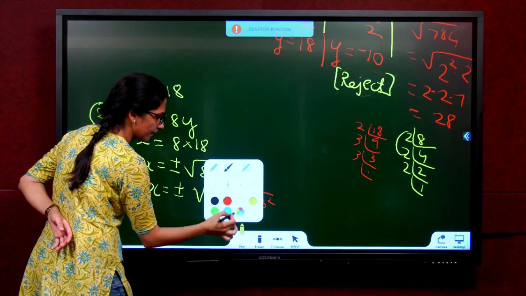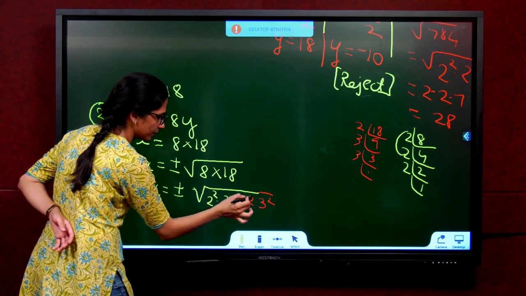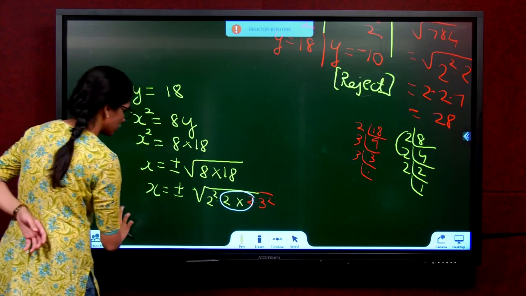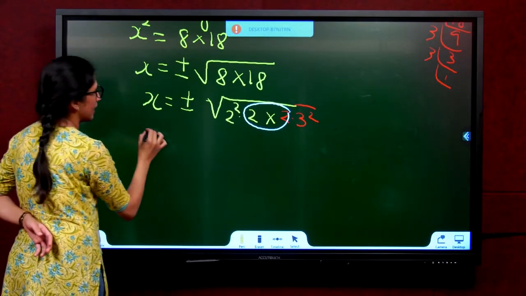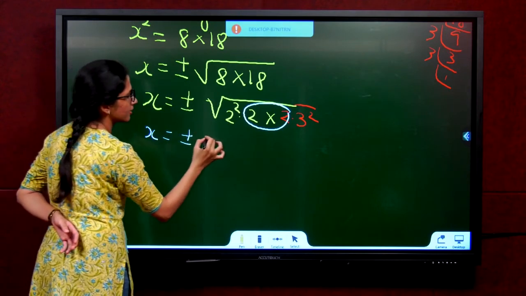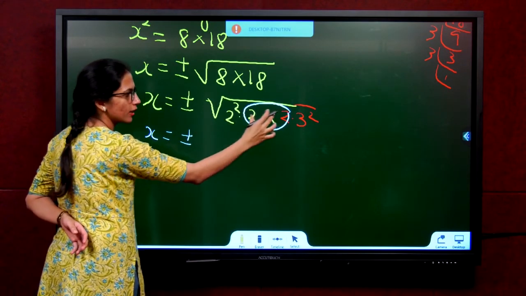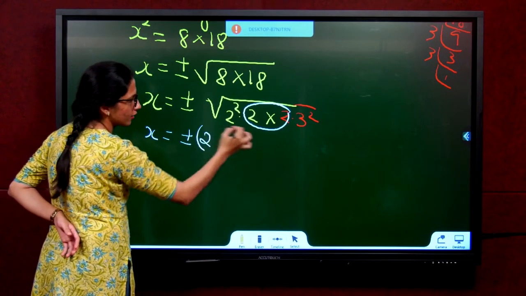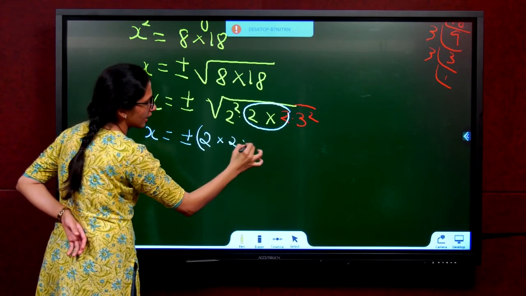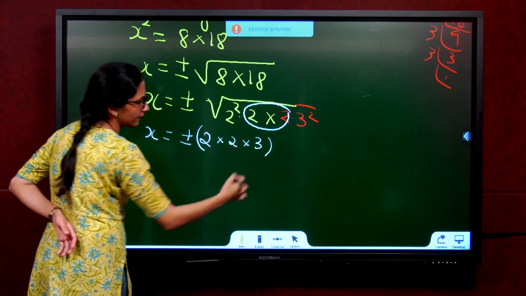These two combine and become one pair. Do you agree? Yes. So now what happens? x is equal to plus or minus root of 2 square, 2 square, 3 square. 2 square comes outside the root, it's 2. Another 2 square comes outside the root, it's 2. Another 3 square comes outside the root, it's 3.